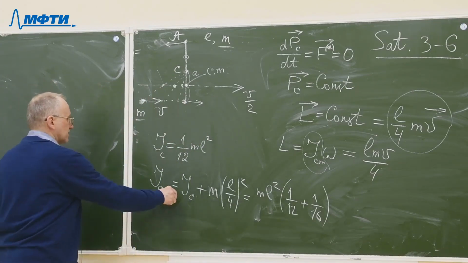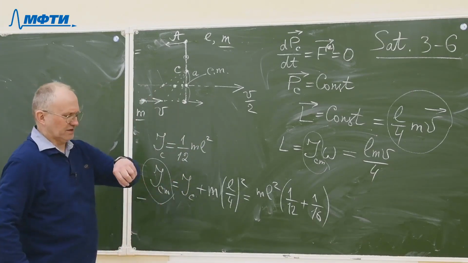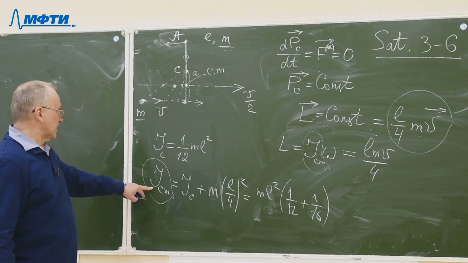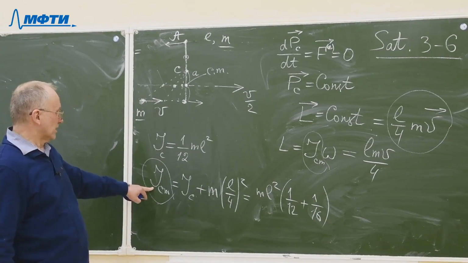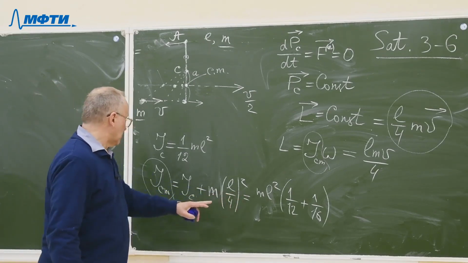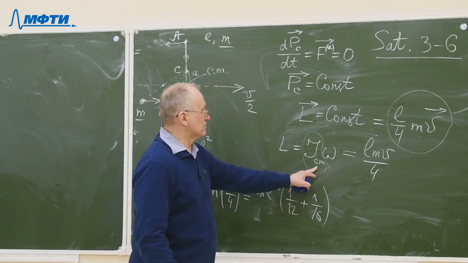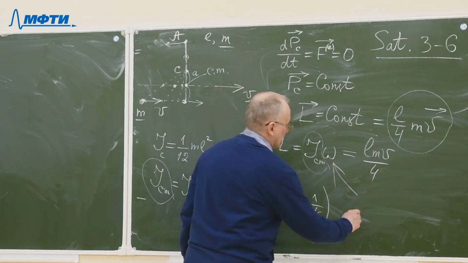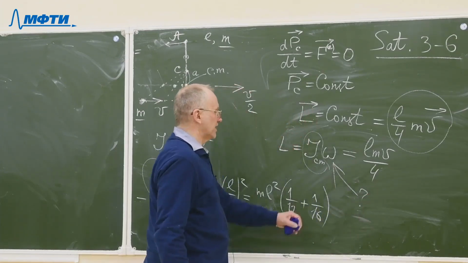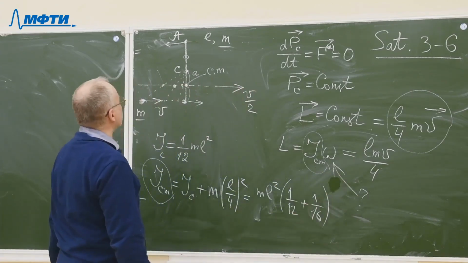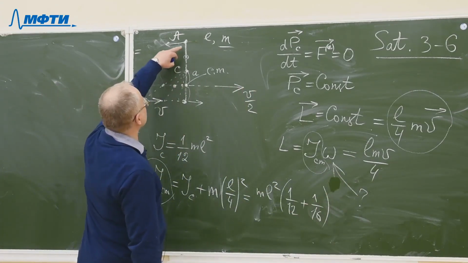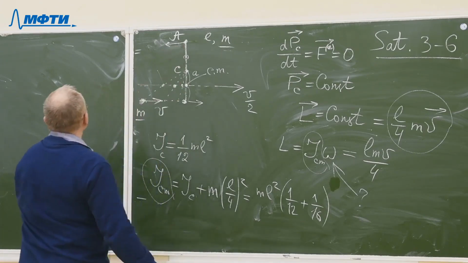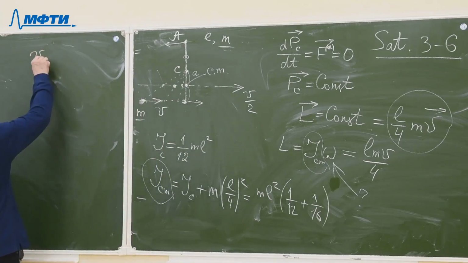Yes, we can do it, no problem. So we know this. I will not waste my time because we have just a minute before the bell. We know this moment of inertia. You can easily calculate it. We know this quantity, and if we know this quantity, we can calculate omega. Yes, we can do it now. And if we know omega, we can immediately find the velocity of point A. What will be the velocity of point A?